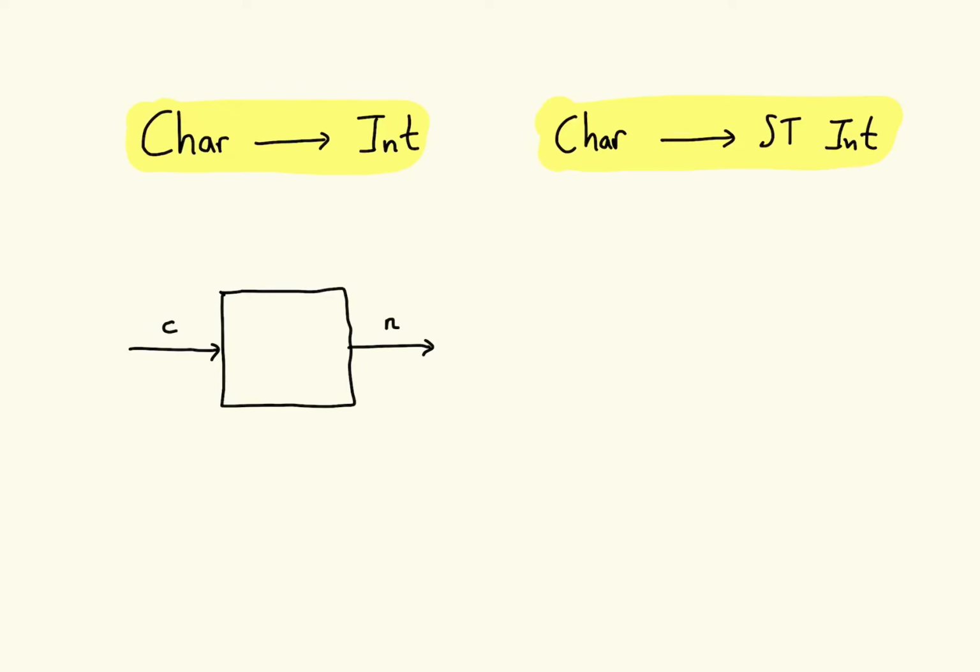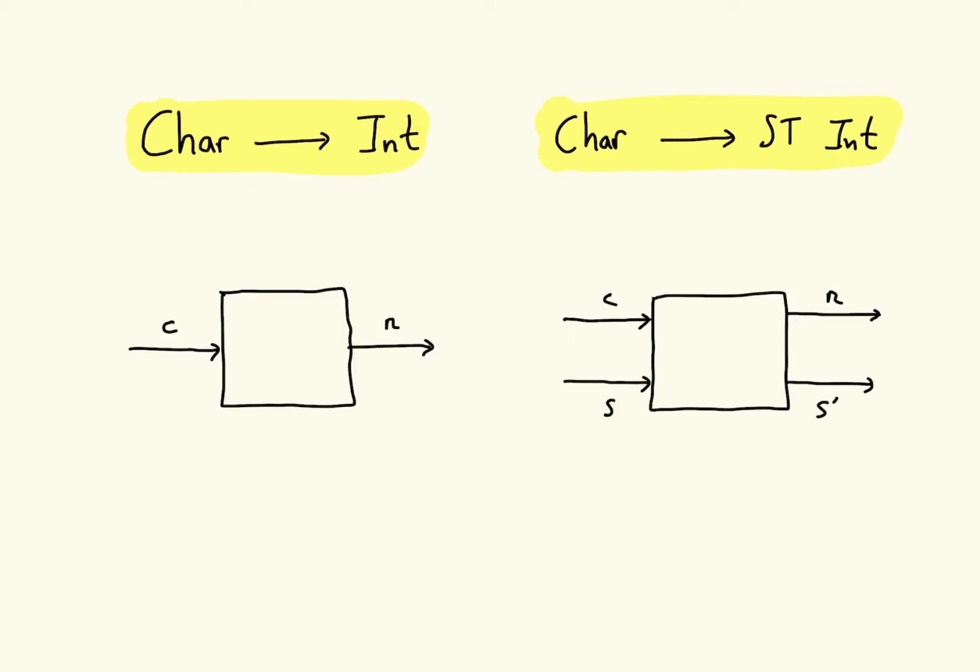I'm going to draw the picture here. What we have is functions of type char to st of int. As before, they're going to take a character as an input and give back a number as an output. But we know under the hood, or inside the st machinery, there's also a state as well. So under the hood, we've got a state coming in and a state coming out.